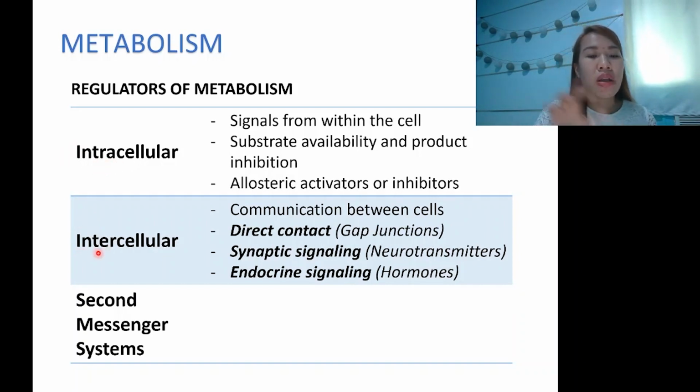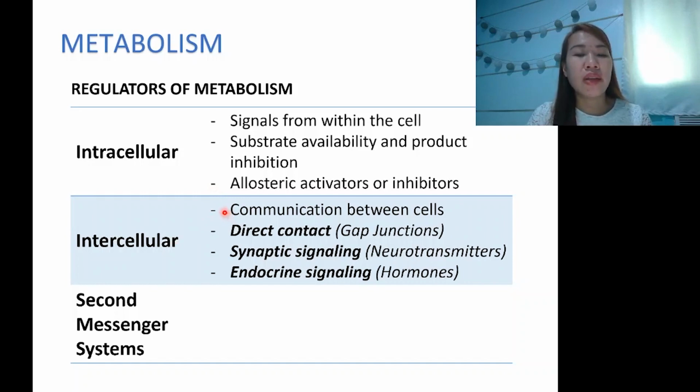Intercellular is between cells, okay, between cells. And we have also what we call second messenger systems. So intracellular regulators are signals coming from within the cell, and substrate availability, and it causes substrate availability and product inhibition. So meron tayong tinatawag na allosteric activators and inhibitors also for our intracellular regulators.